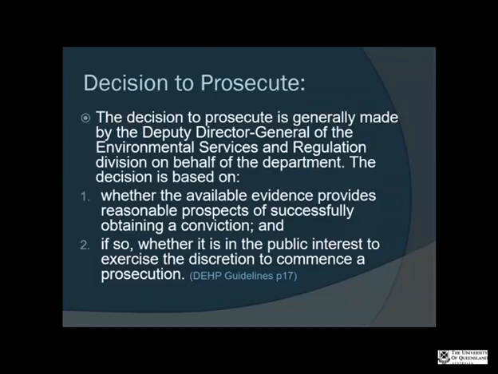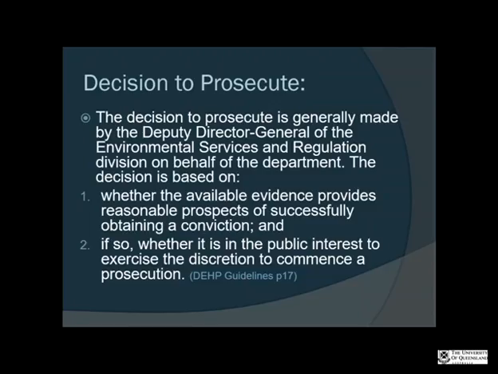So these guidelines tell us when the Deputy Director General of Environmental Services and Regulation is going to decide whether or not to prosecute. And the decision is based on, one, whether the available evidence provides reasonable prospects of successfully obtaining a conviction, and if so, whether it's in the public interest to exercise that discretion to commence a prosecution.